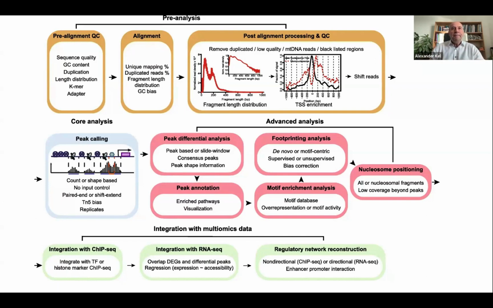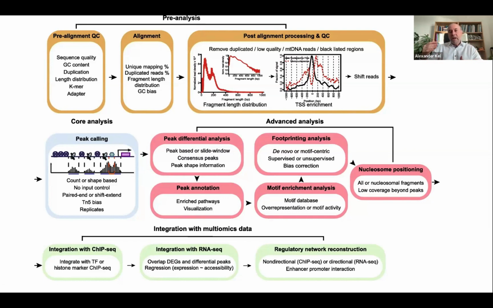And then there are also certain tools which are specifically important for ATAC-seq data. And then after you get these peaks, there is a step called advanced analysis, when you can do peak differential analysis. Basically, if you have two conditions, and we'll have that here today, you have cells in one condition and in another condition.